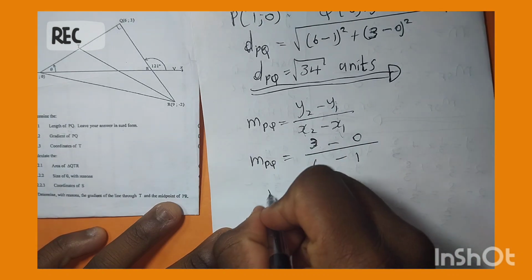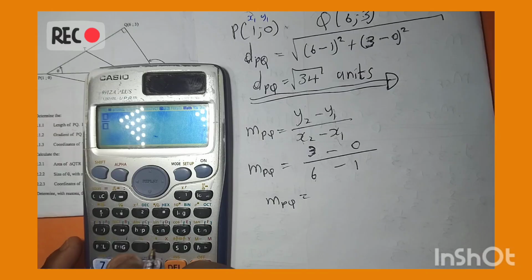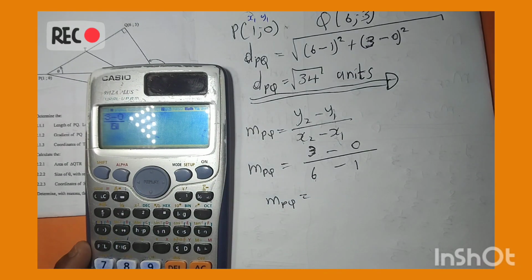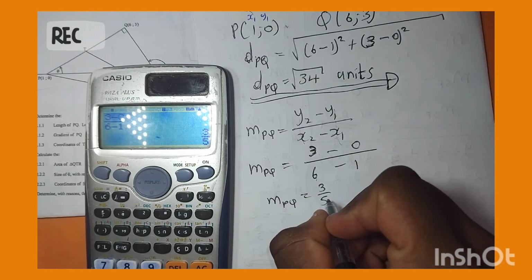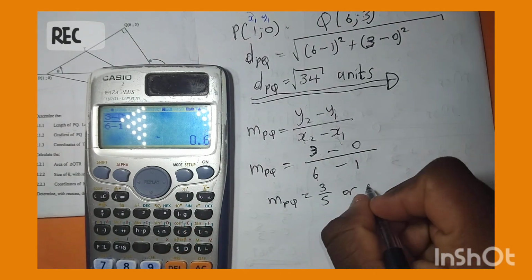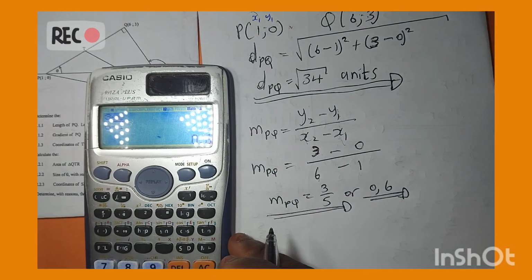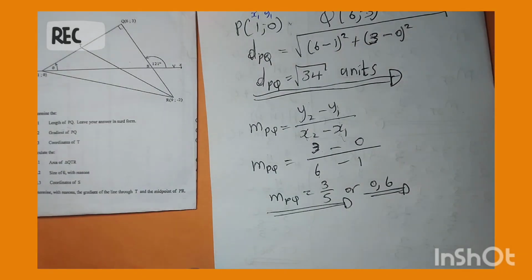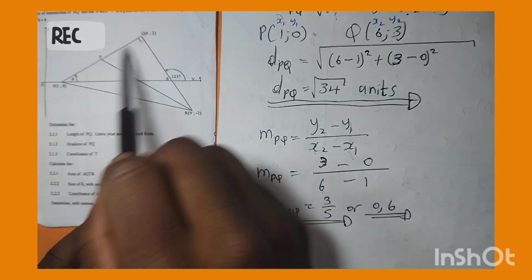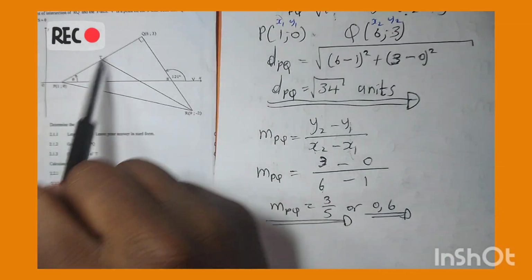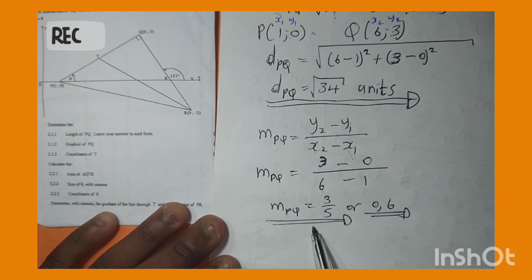Then you press it on your calculator: 3 minus 0 divided by 6 minus 1, and I get that fraction, or you can write the answer in decimal. It's up to you. But a key thing is to notice that the line is increasing, meaning it has a positive gradient. Even your answer is a positive gradient, as you can see.